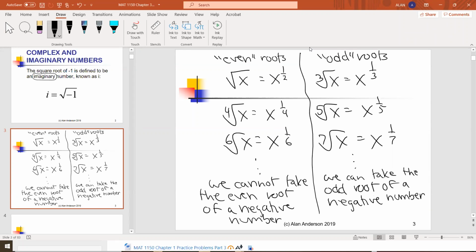There's no problem over here on the right-hand side. For example, the cube root of -1 is just -1. So there's no problem with the odd roots. With the even roots, we can't take the even root and end up with a real result. Instead, if we do try this, we'll end up with an imaginary number.